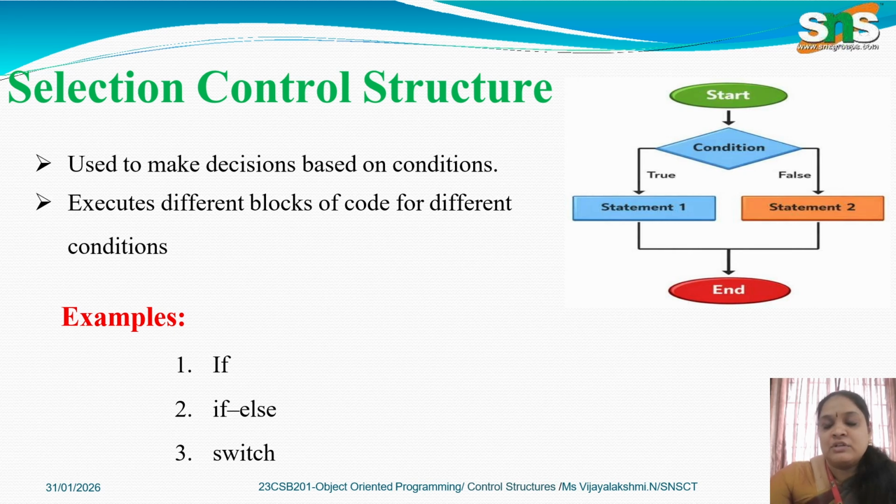If the condition is false, another statement will be executed, and both will join at the end of the program. If I use if else, you are going to use both sides, which means either the result is true or the result is false. That is the answer for the if else statement.